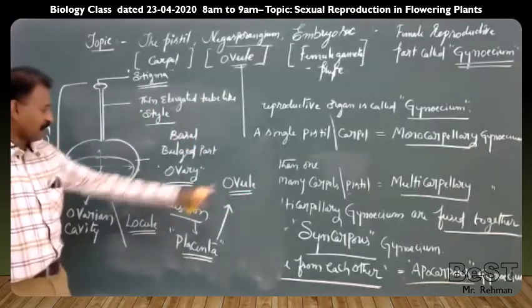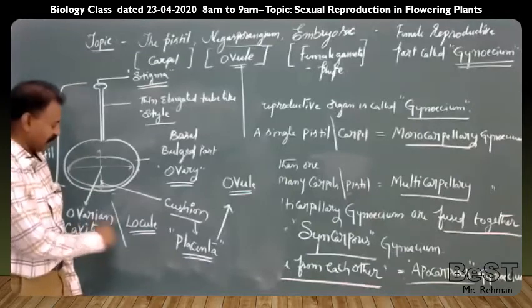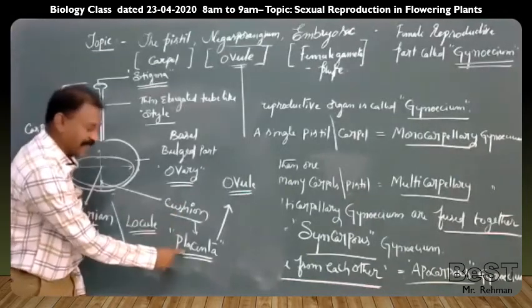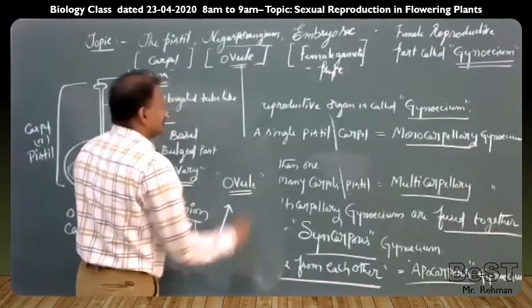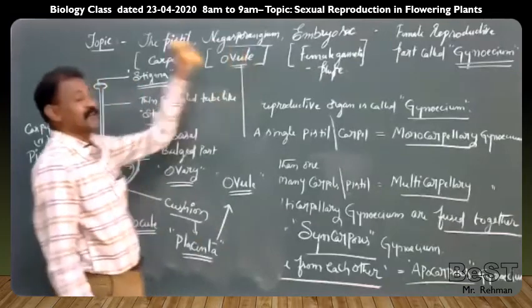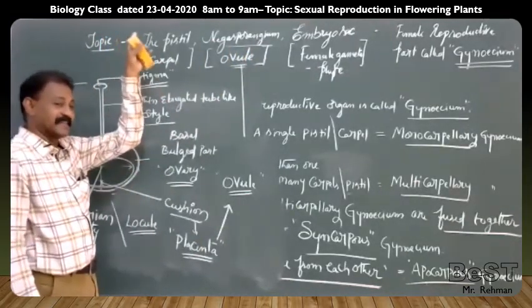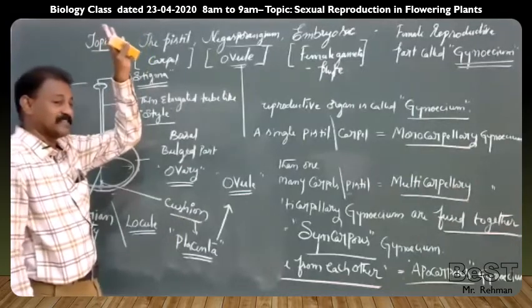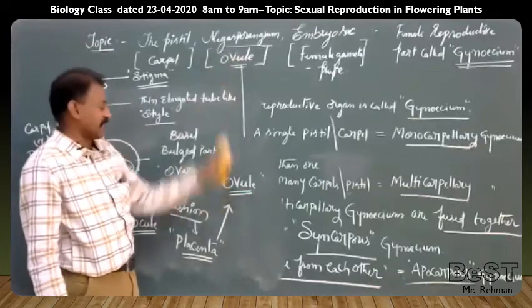So ovule is present inside the ovarian cavity or in the locule at a place called placenta. This ovule is in general called megasporangium. Like that we have studied in the anther, microsporangium. In a dithecous anther, 4 microsporangia are there. Like that here, ovule is considered as megasporangium.